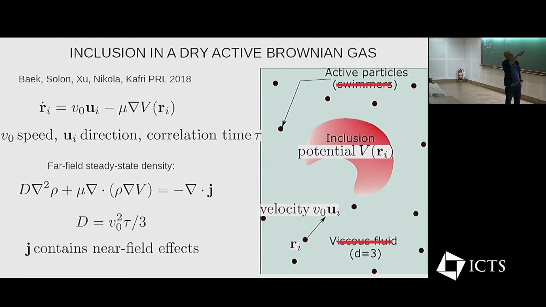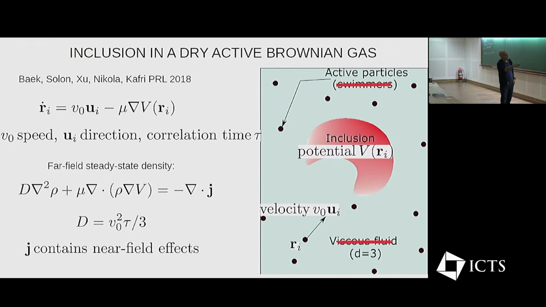What you can do with a little bit of algebra, which Yariv and company did, was to show that in the steady state, the number density field rho of these active particles obeys an equation with 3 bits to it. Diffusion, pushing around by the potential that represents the inclusion, and some details representing the near field on this object, which are really important.